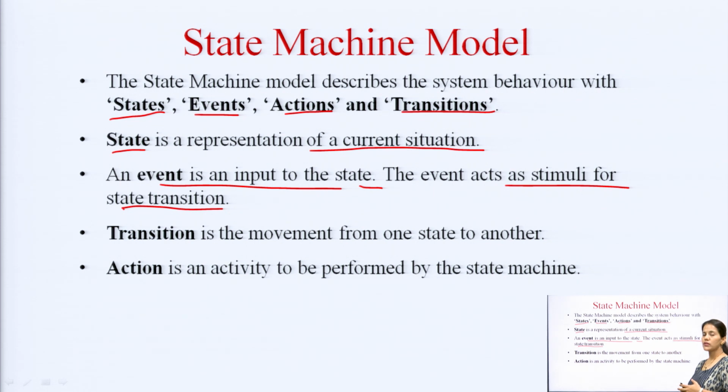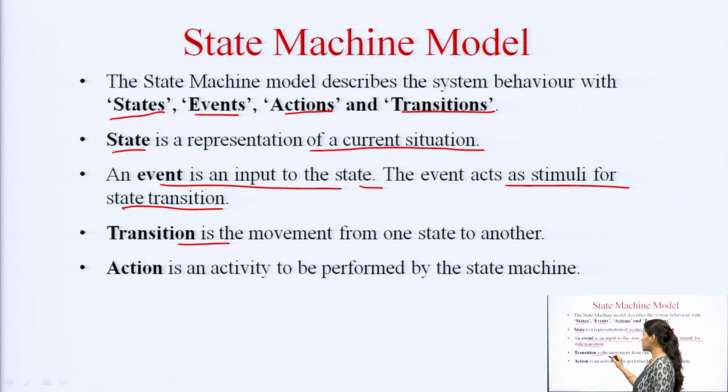For example, maybe a certain process is in the blocked state, and after receiving the trigger input, it may change its state from blocked to ready state, or the one which is in the ready state gets its state changed from ready to the running state. In this way, some events act as the stimuli to change the state from one to another.